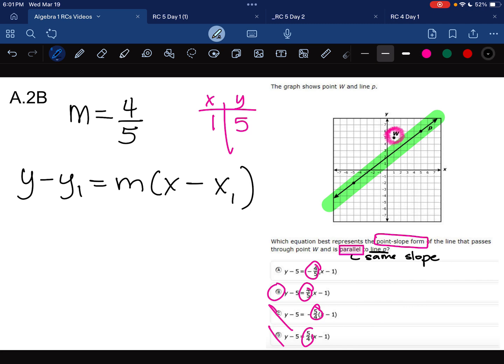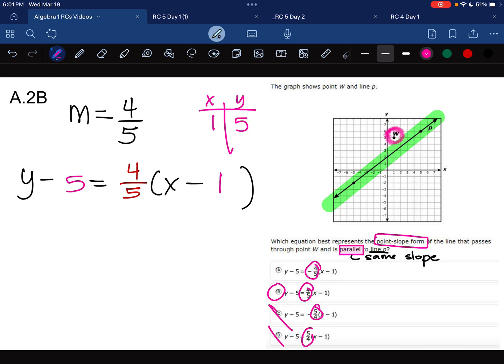So anytime they ask you for point slope, they gave you the slope, they gave you at least 1 point, you have everything you need. What would now be your M? It's going to be 4/5, or if you want to put it 0.8. My X1 here would now be 1, not 5, 1, and then here would be 5.